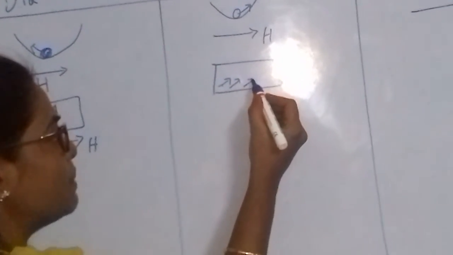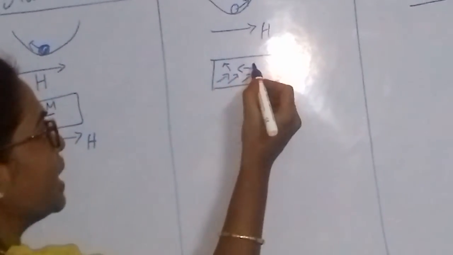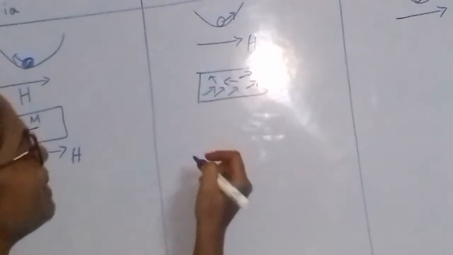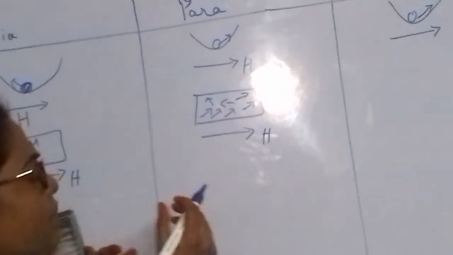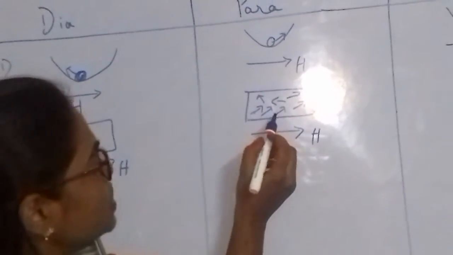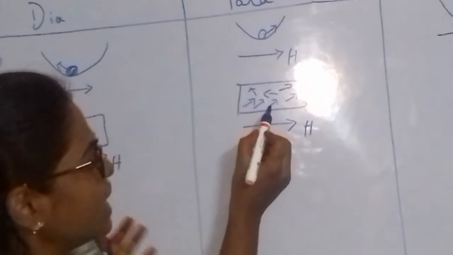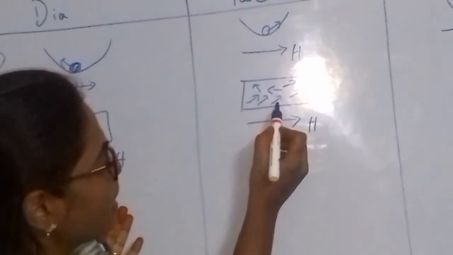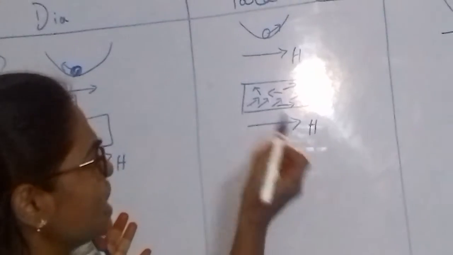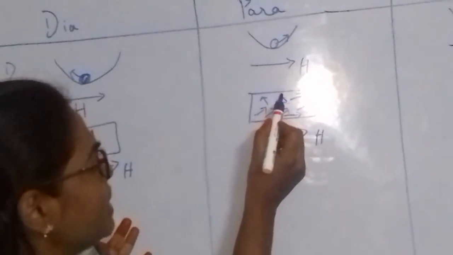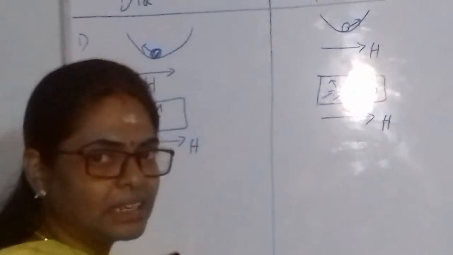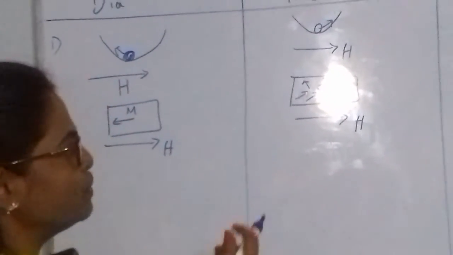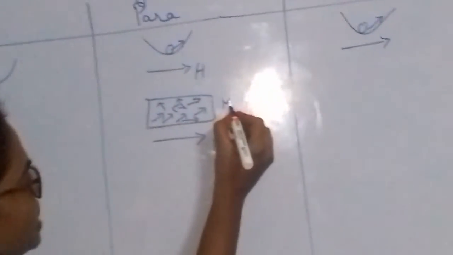These spin magnetic moments are randomly oriented in a paramagnetic material, and if we apply a magnetic field, some moments which are almost equal to the field direction will align along the field, and those in the opposite direction will turn to some extent. So as a whole, there may be a small magnetization present inside the magnetic field.